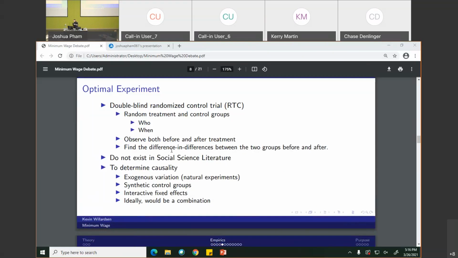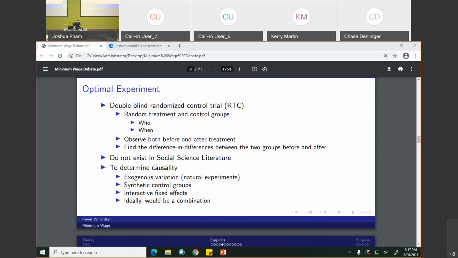So you can't have these types of what are called randomized controlled trials, or random treatment trials, in basically social sciences. So what we're left with, if we wanted to truly identify the cause or the effect of a minimum wage increase, we have to rely on other sources of variation, usually what we call natural experiments or exogenous variation.